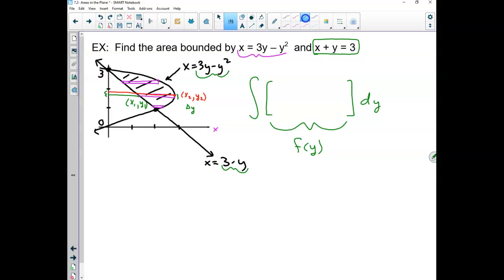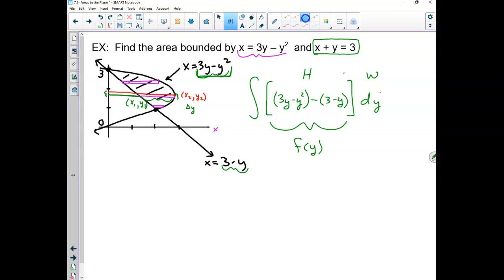So first and foremost, I'm going to take my right curve, my greater curve, which is going to be 3y minus y squared, minus this lesser curve, which is going to be my 3 minus y, dy, because that is how I get that height. That is the height times my width, and my width is my dy.